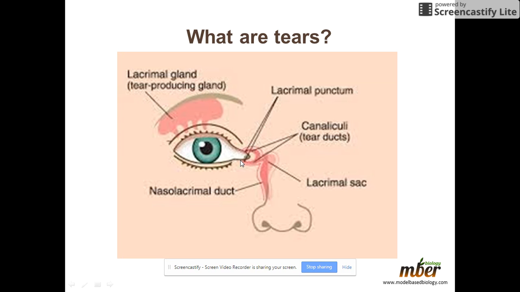And then surprisingly, what are tears made of? They actually have the same kind of composition as saliva. So you've got water, which is the primary ingredient for your tears, as well as oil and mucus. These nutrients are crucial for your eye.